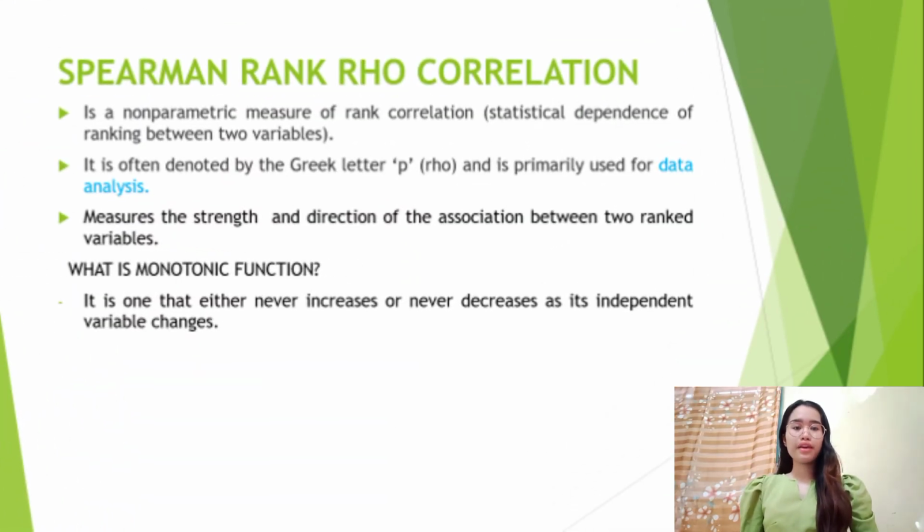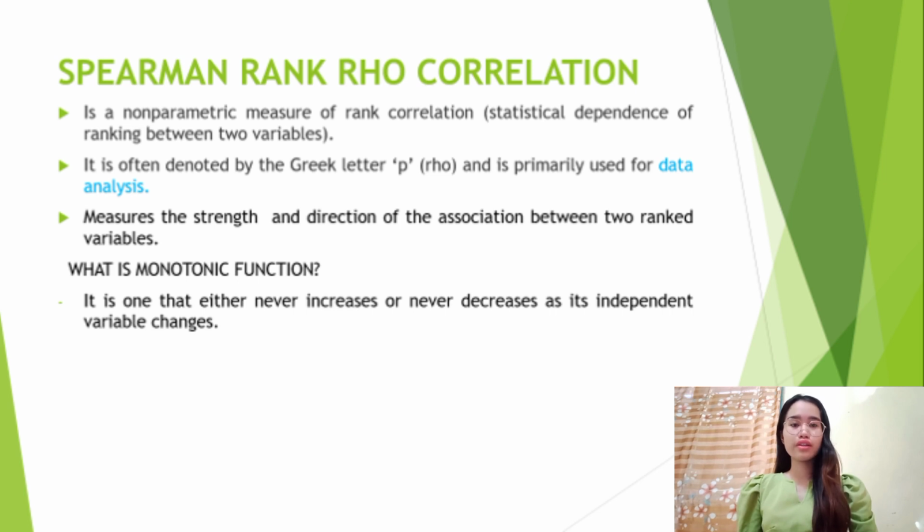The second topic that we will be discussing is the Spearman rank correlation. The Spearman rank order correlation coefficient, Spearman's correlation for short, is a non-parametric measure of the strength and direction of association that exists between two variables measured on at least an ordinal scale.